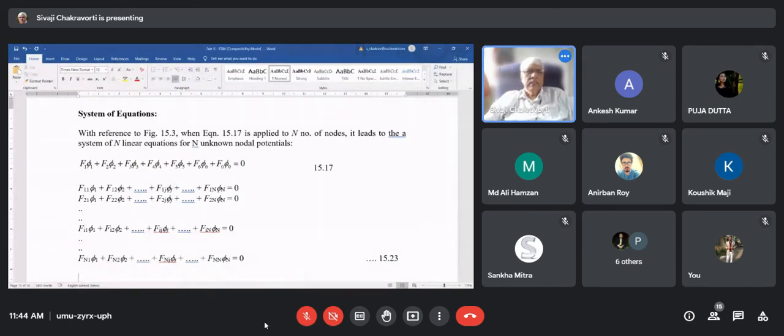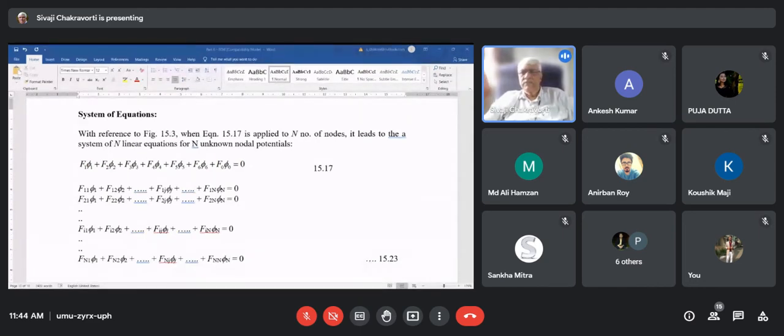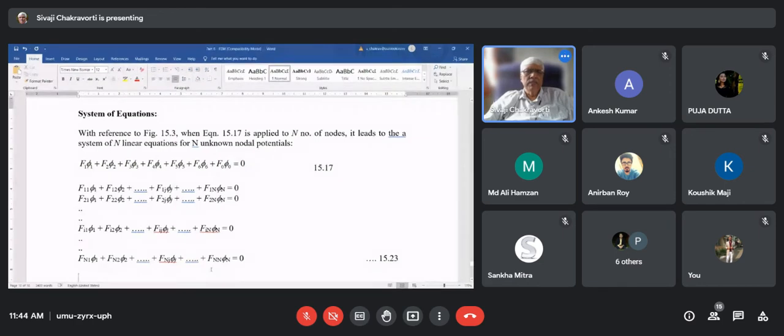Therefore, what is the type of equation, or simply the system of equation that I am going to get here? Once again, I am going to refer to 15.3, that means the hexagonal connectivity figure, and equation 15.17, which I have already shown on the screen.